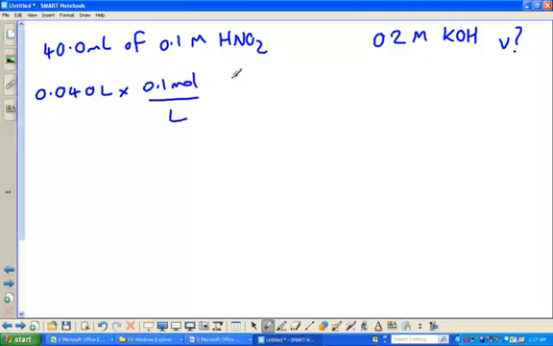Hence why I've got to convert this into liters in the first place. And so what that will give us is 4.00 times 10 to the negative 3 moles of HNO2. Okay.